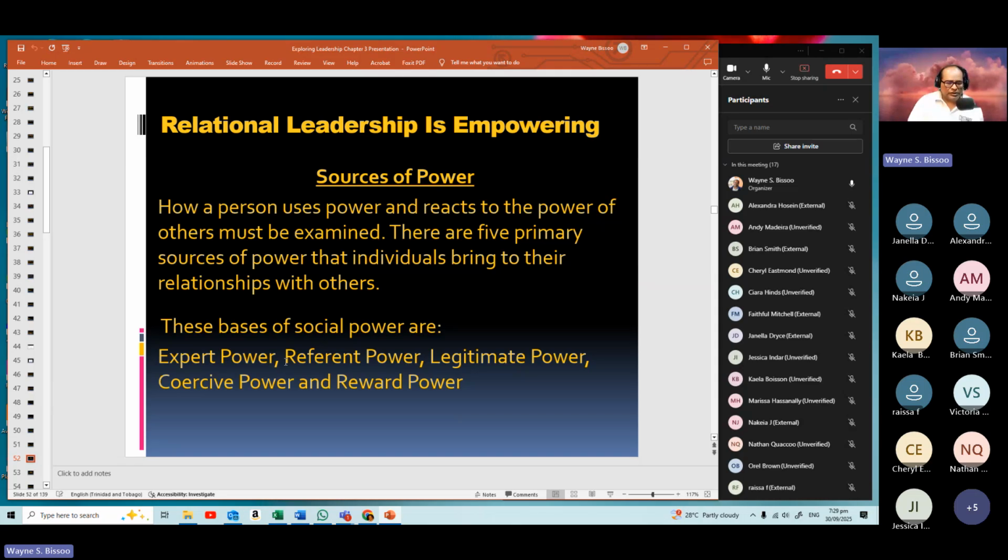Legitimate power, of course, is power that is attached to the position you hold. If you hold the manager's position or the CEO's position, that is your legitimate or positional power. Now, being in that position offers you two other sources of power, coercive or reward power, and they're sort of the same coin but different sides. Coercive power is the ability to punish people.